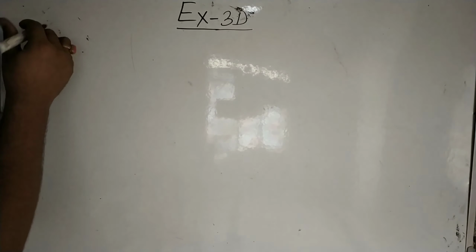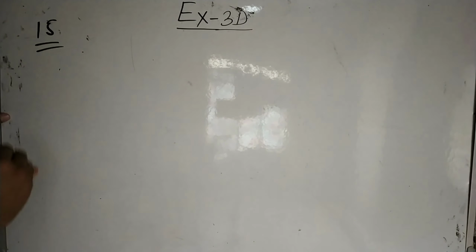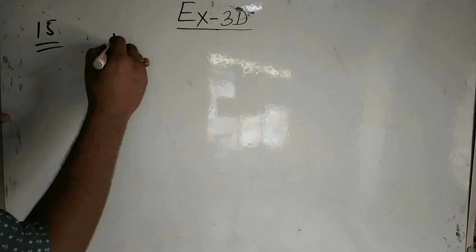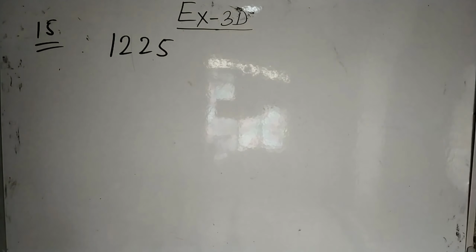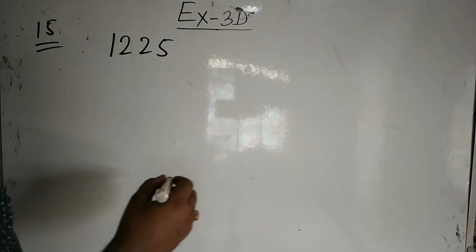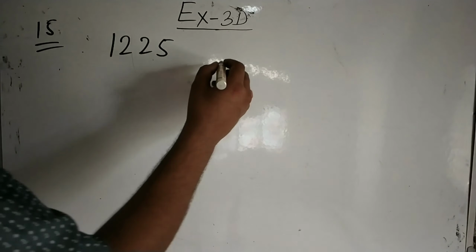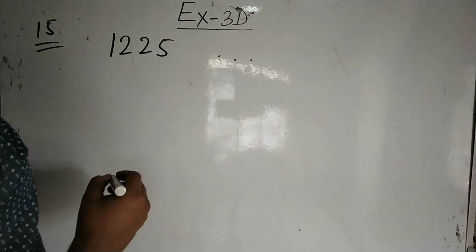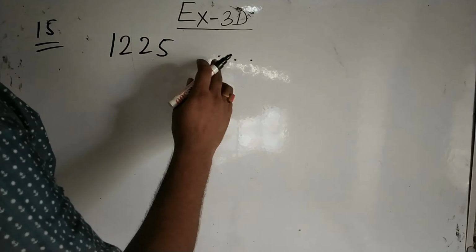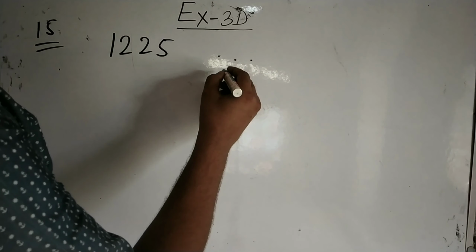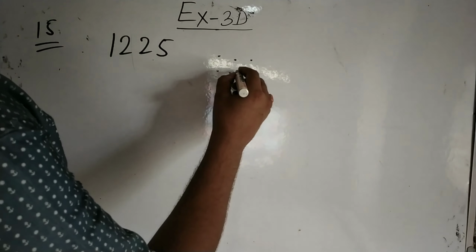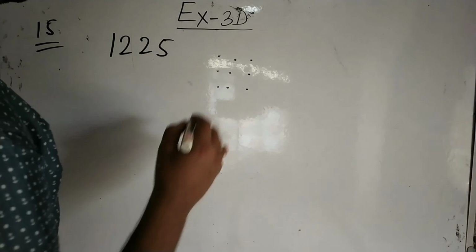In question number 15, we have to plant a total of 1225 plants such that in each row the number of plants and the number of rows are equal.